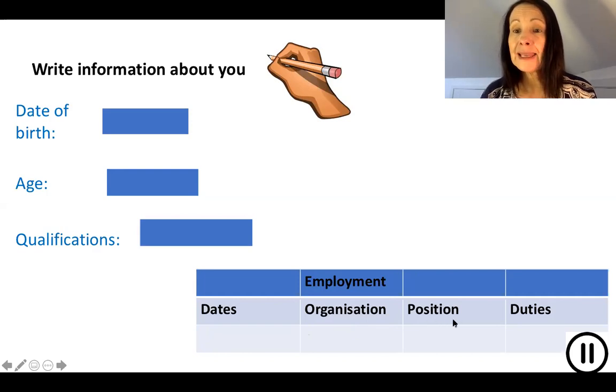Were you a cleaner, a chef, a teacher? What was your position? And what did you do in your job? You can look at the duties video that I put before on YouTube. That might help you with some duties for other jobs. See if you can write down what you did in your job.